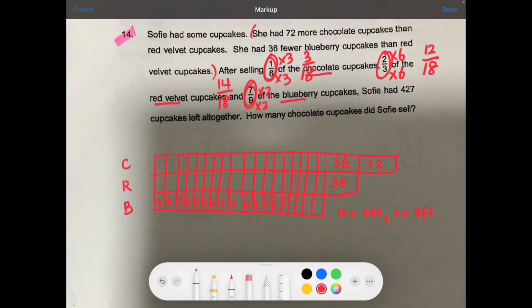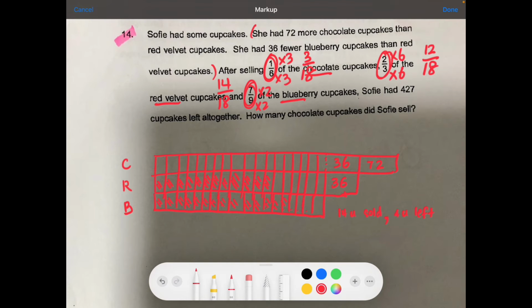Okay, so I'm going to go to the red one. Now, some of you might be thinking, if I'm going to use 12 out of 18, then what about the 36 that is at the corner? Remember when we take it separately, we had 12 out of 18 of the units. I can also have 12 out of 18 of 36. So let me just shade 12 parts first. 1, 2, 3, 4, 5, 6, 7, 8, 9, 10, 11, 12.